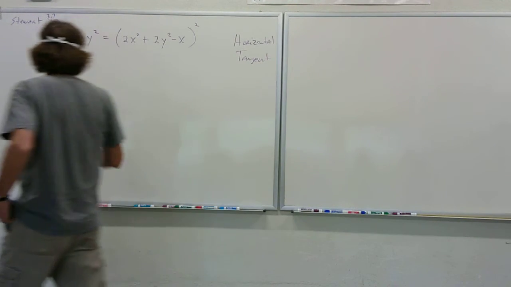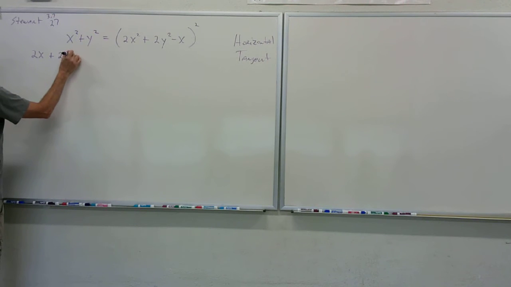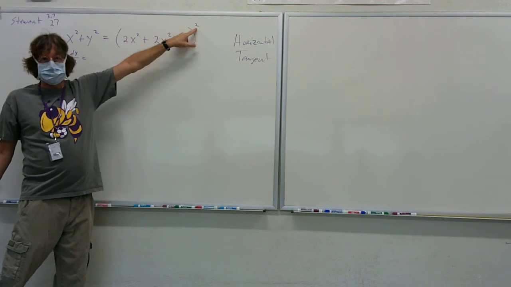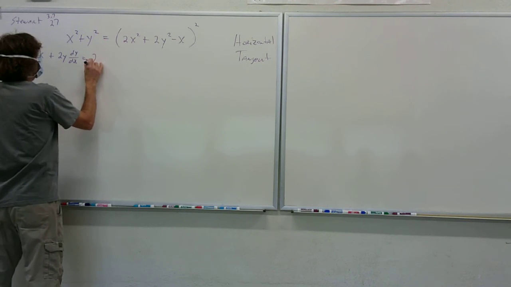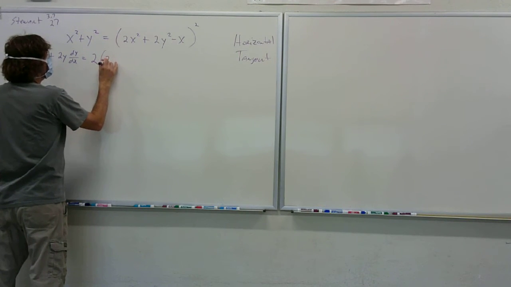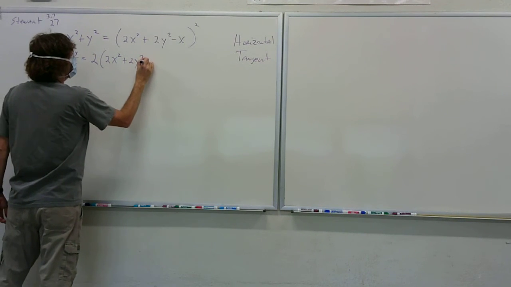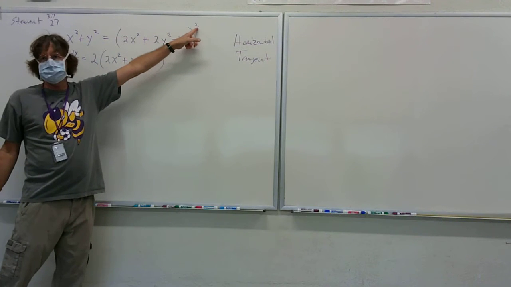Okay, I take the derivative with respect to x. So I get 2x plus 2y dy over dx equals. Notice this is a huge power rule. So I put a 2 in parentheses, 2x squared plus 2y squared minus x, close parentheses, to the power of 1.